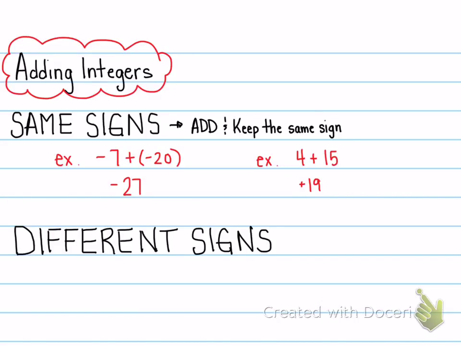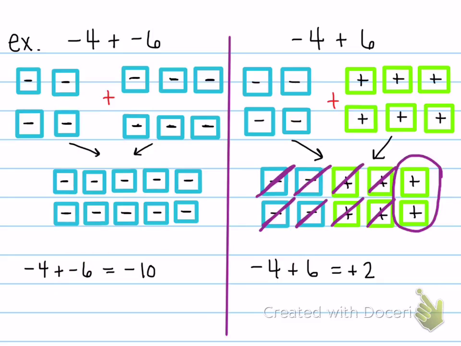The other type is when the signs are different. So let's look back real quick at this first example, -4 plus 6. -4 plus 6 turned out to be positive 2. If you think about the relationship between 4 and 6, what do you do to 4 and 6 to get 2? And you notice that you can subtract. 6 minus 4 is 2.